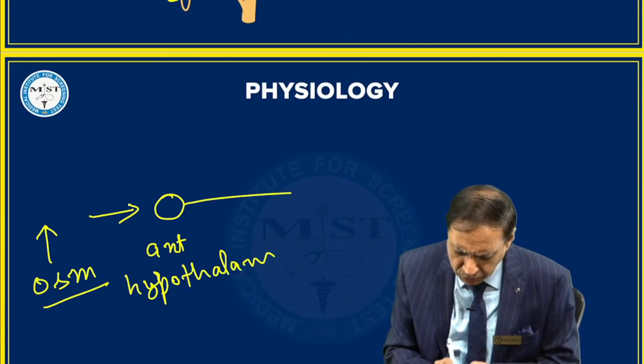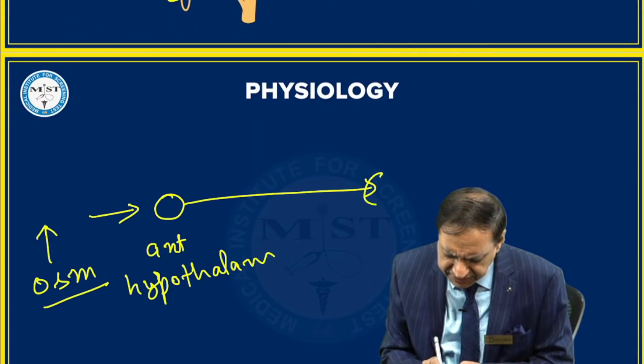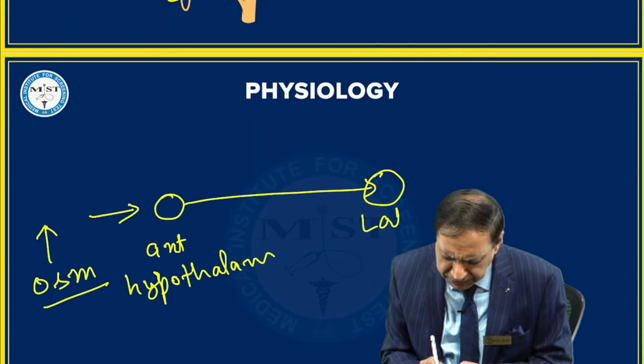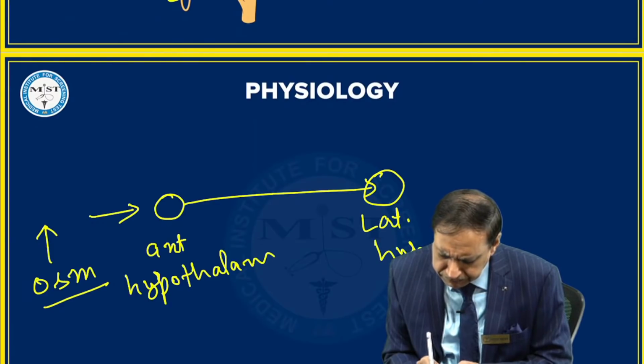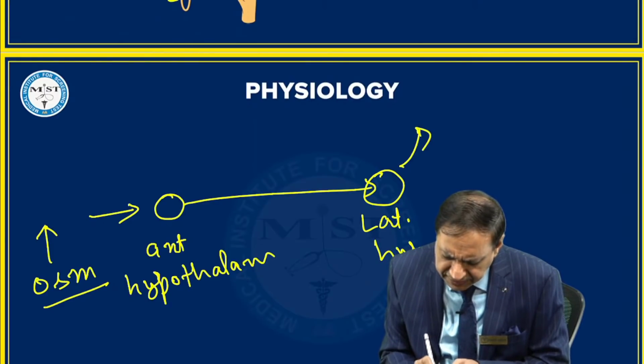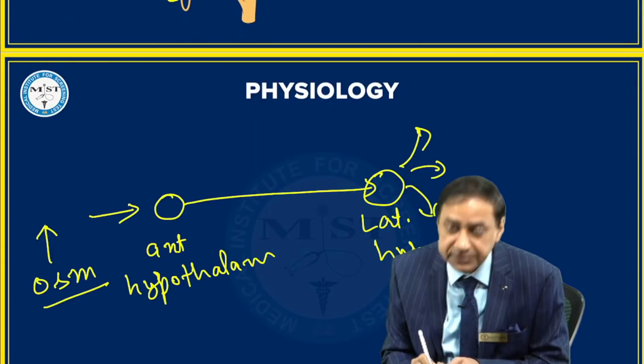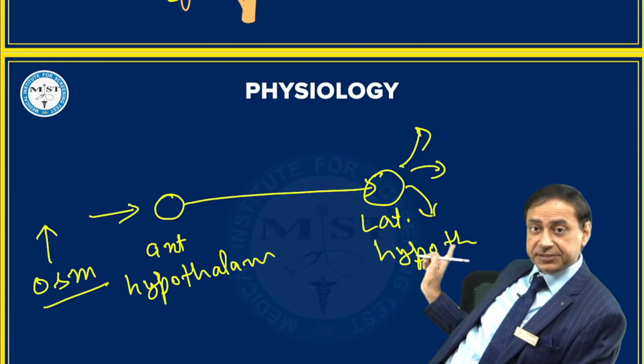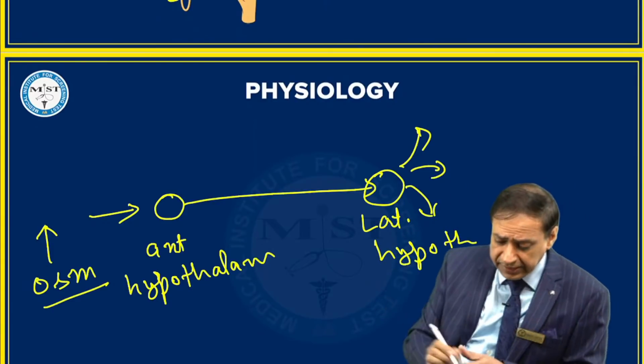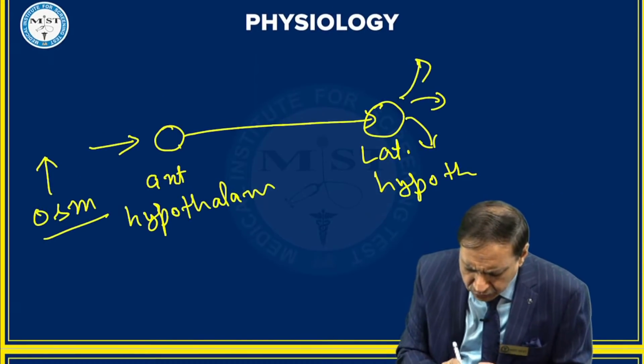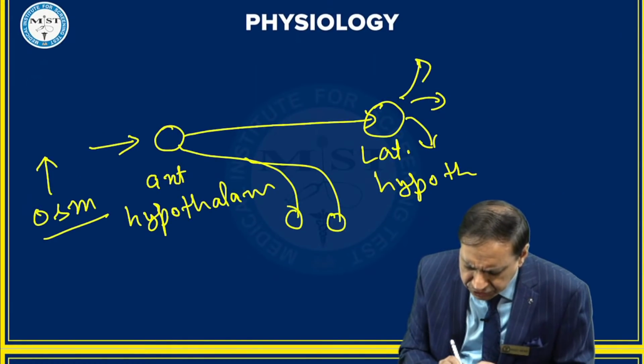What will this do? On one hand, it will send a signal to the lateral hypothalamus to generate the behavior of thirst. Thirst will be generated by the lateral hypothalamus. It will also send a signal to the supraoptic and paraventricular nucleus.